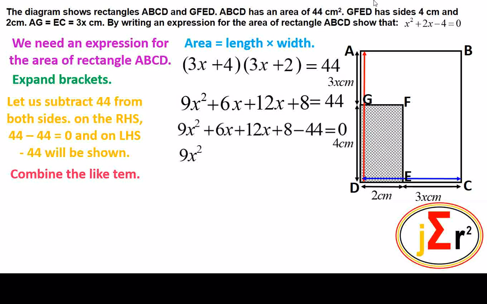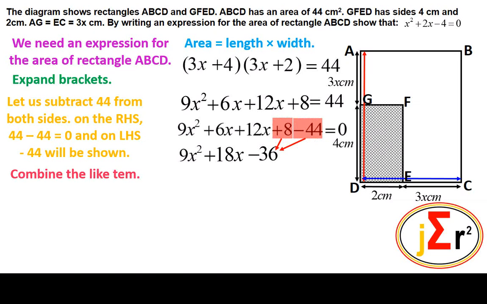The first term that we have in the expression is unique. We still have to make mention of it. 9x squared is placed right there, and we will move to the terms that are alike. The terms that are alike, we have 6x and we have 12x. Both positives, they are combined to give 18x. And of course, we have the constant terms, 8 and negative 44.